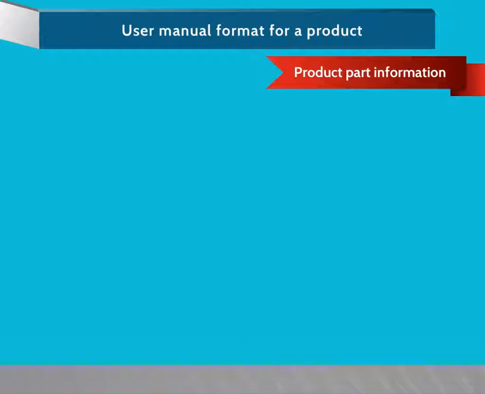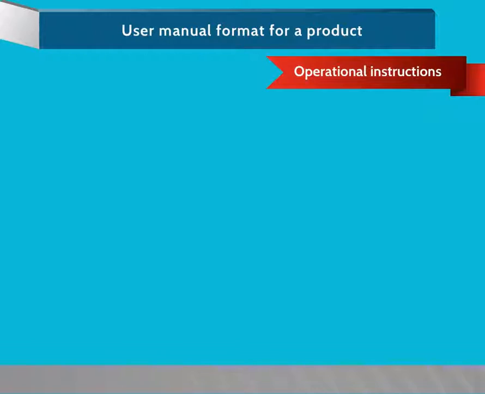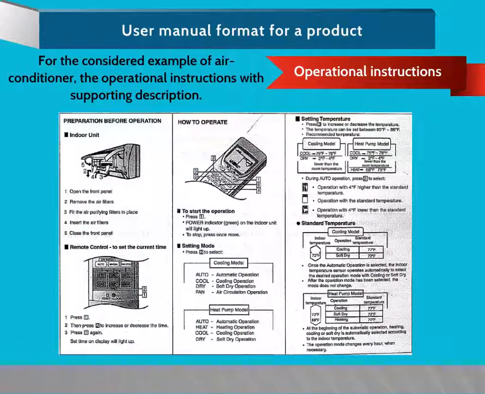Product part information. For the considered example of air conditioner, the parts of the product with supporting description. Operational instructions. For the considered example of air conditioner, the operational instructions with supporting description.